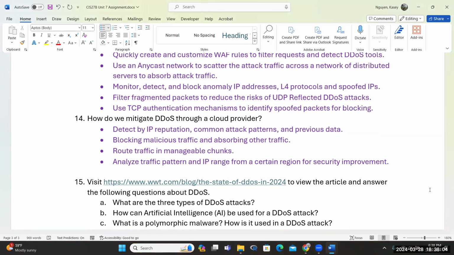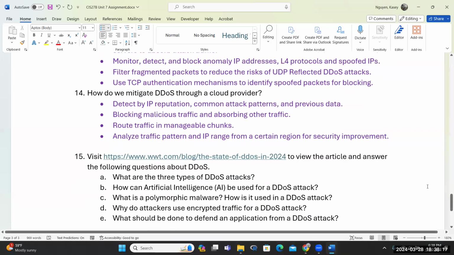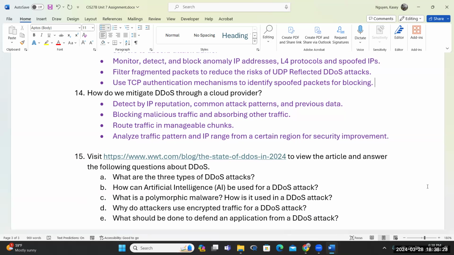Once everybody has most of the things down, I'll open the site. But if you read through the article, it'll tell you. And if we can encrypt traffic, they can encrypt traffic, right?